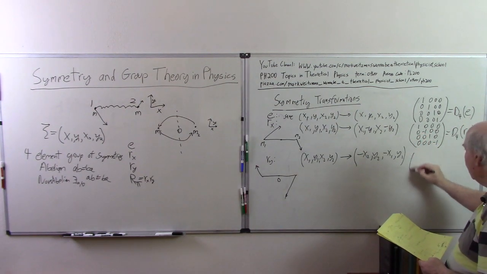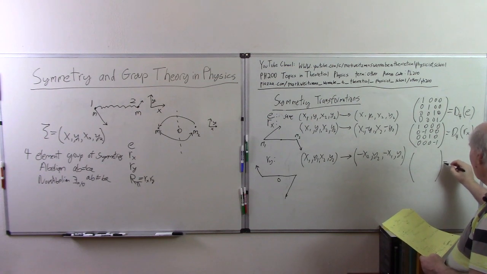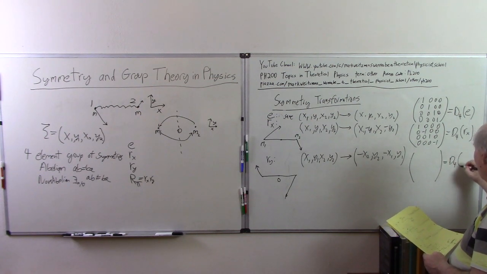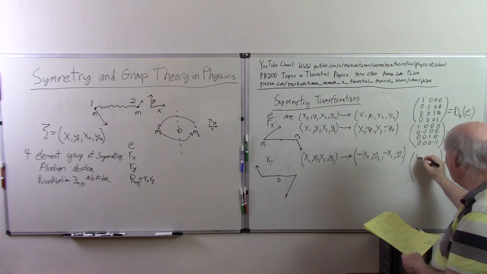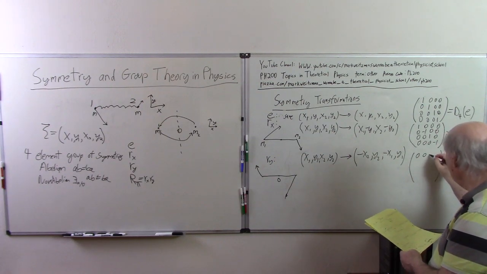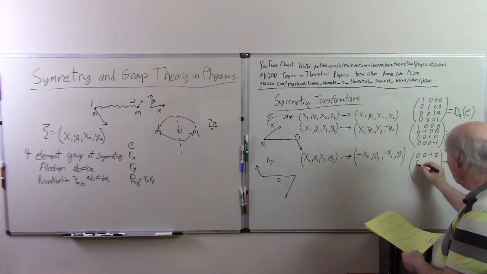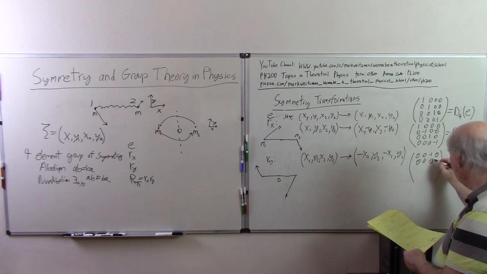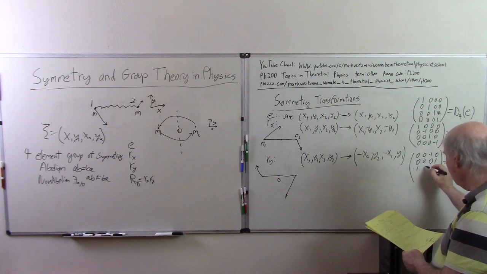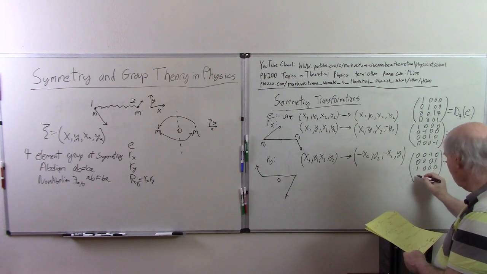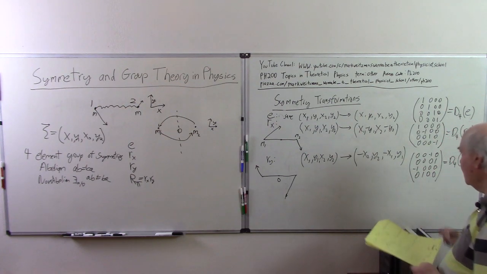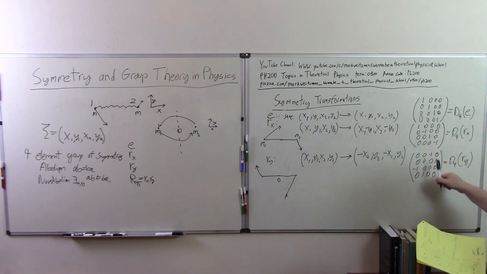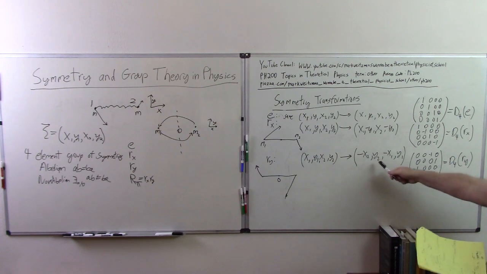So we get the matrix which represents this. And again, if you multiplied this by a vector x1, y1, x2, y2, you'll end up getting that.